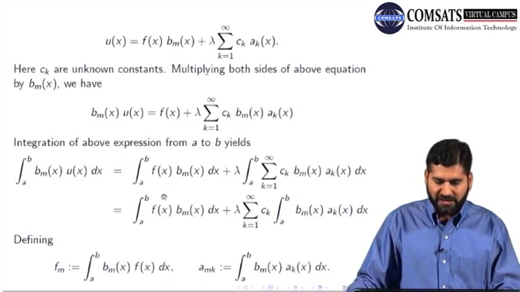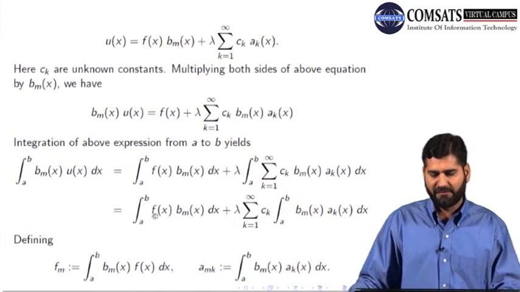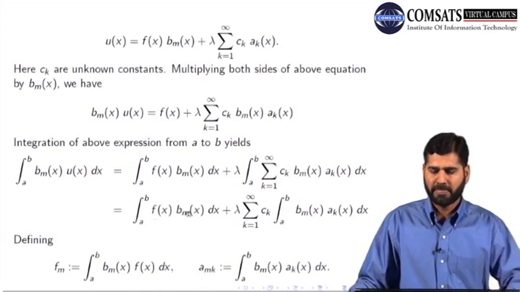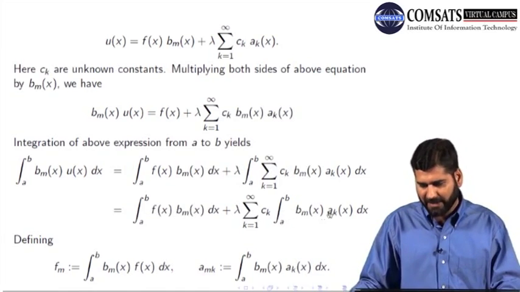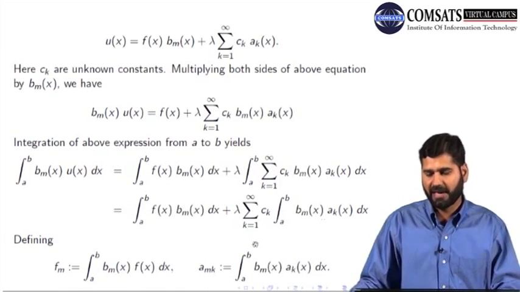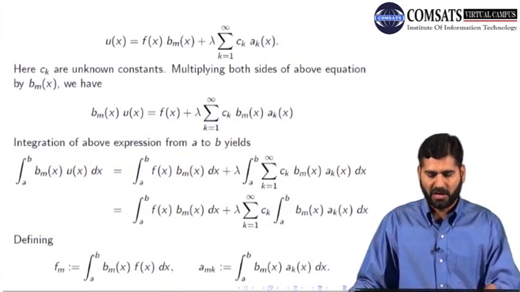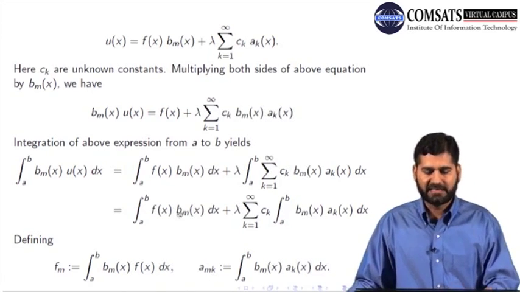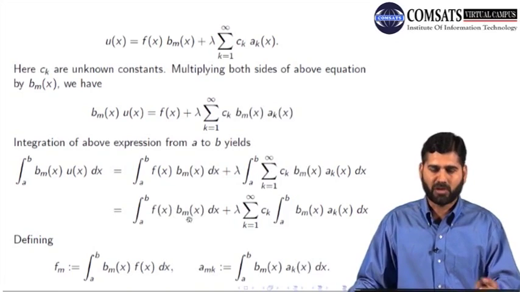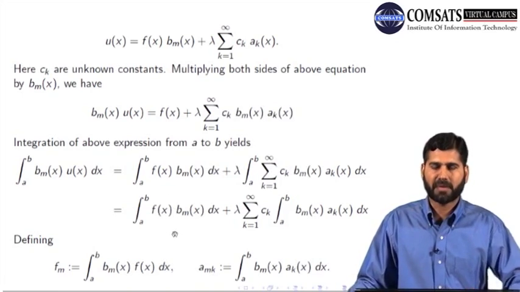So we define them by f_m. You see, f(x) times b_m is f_m, and here this is b_m a_k, so I can write a_mk. You see, m and k, there are two subscripts, so I'm writing them a_mk. Here is just one subscript, m, so I'm writing f_m.